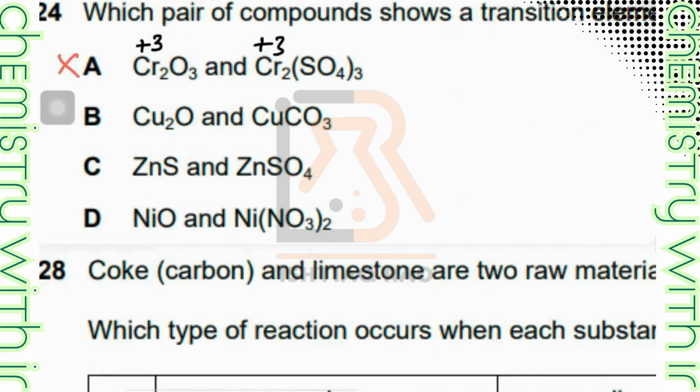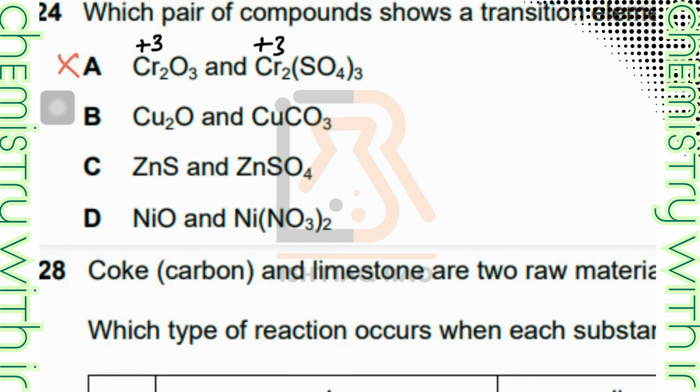Can you tell me the charge of this copper in copper oxide? Is copper plus 2? No. Negative 2?